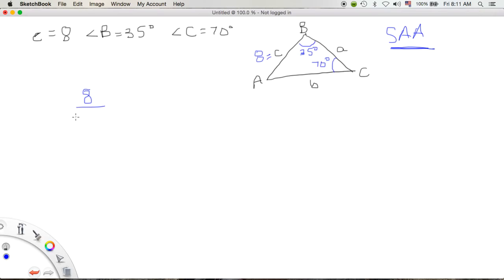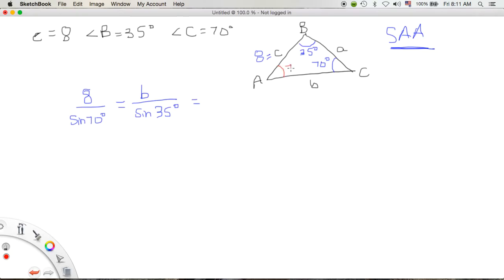So we have 8 over the sine of 70 degrees equals, now we already have angle B, so let's find side b first. So we have b over the sine of 35 degrees. Now of course this is just algebra, so we can solve that. And we can also know, what's this angle here?